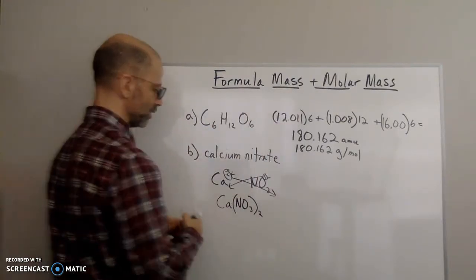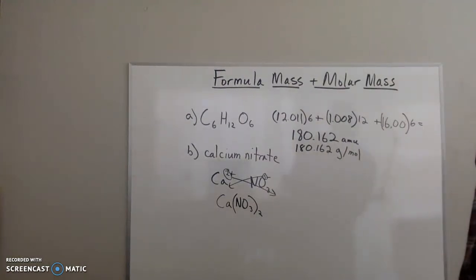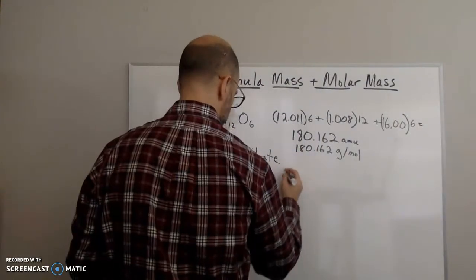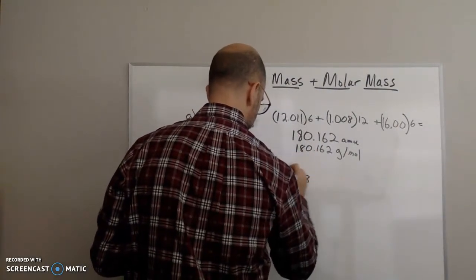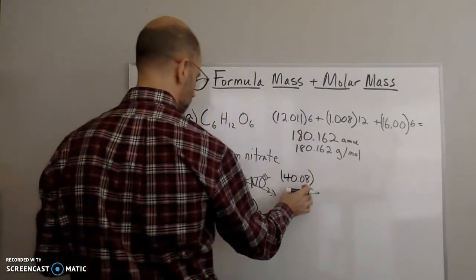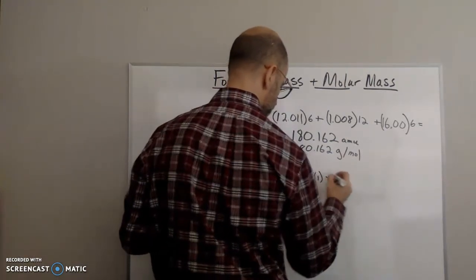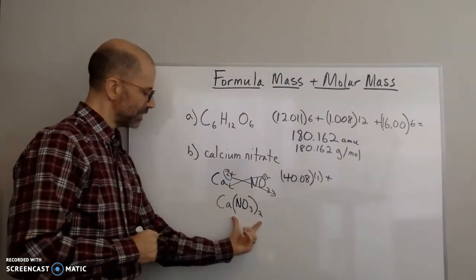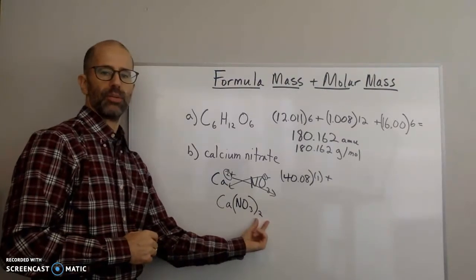So I have calcium. So I'm going to have to look up in my periodic table calcium. So calcium is 40.08. For the atomic mass, I only have 1. So multiply that by 1. Now I'm going to have to do the inside here. So notice I have a subscript here, number 2.